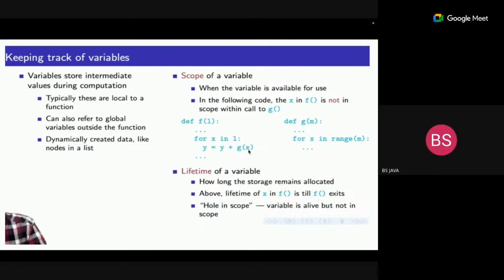After that, once we call g of x, it goes to g of m, and m is referenced as our x, the value from that list. So for x in range of m, if we represent m as x, so x in range of x, then how does it work after that? Because g of x is the input to our function g, right?